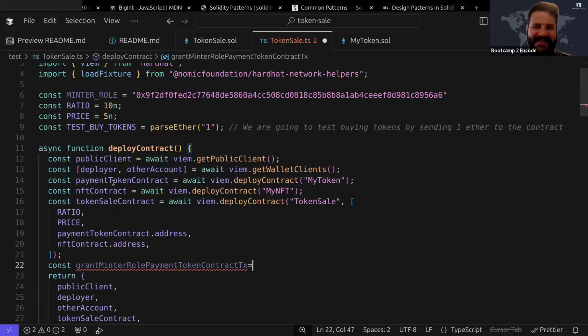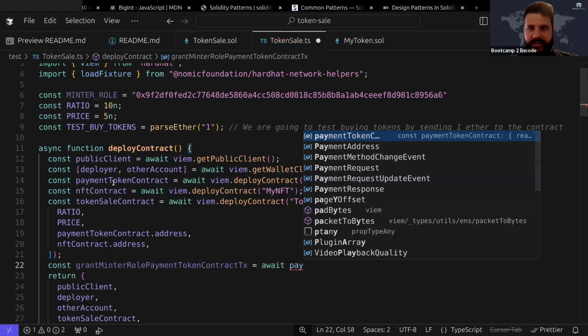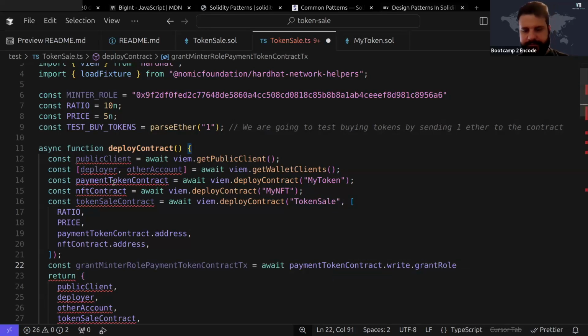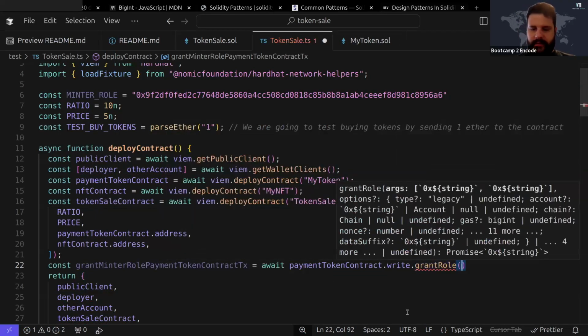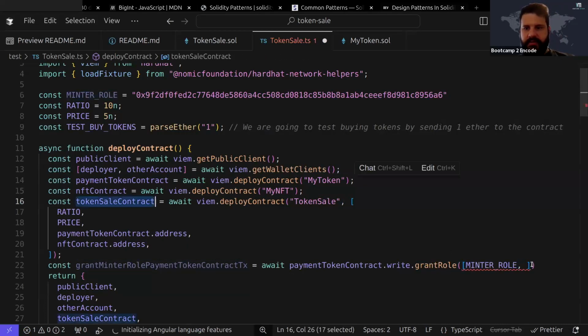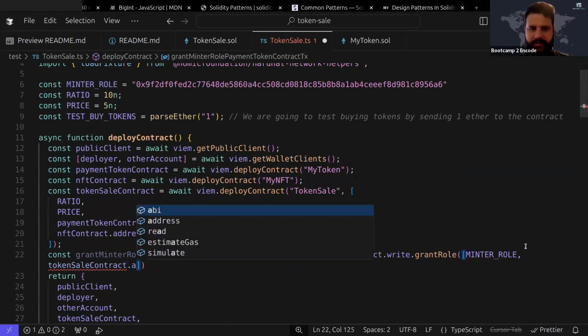Transaction equals await, in the payment token contract, grant role, right? Grant role, and then I grant the role of minter role to the token sale contract.